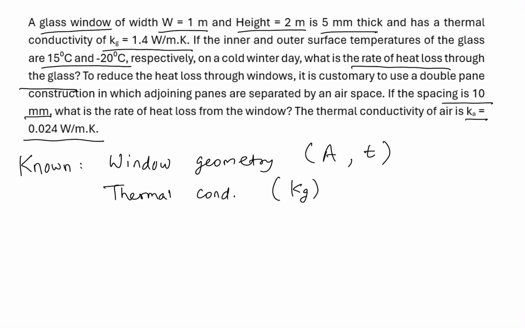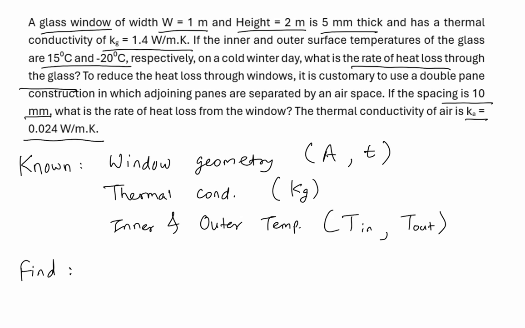We know inner and outer temperatures as well, which are T in and T out. So what we need to find here is the heat loss through the glass window.